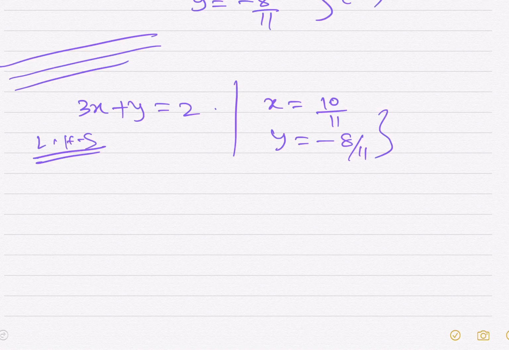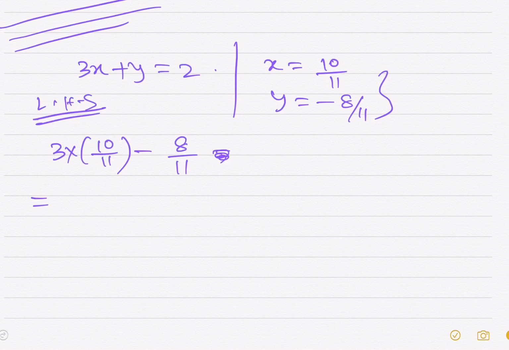Now 3x, 3 into x, which is 10 by 11, plus minus 8 by 11, equals, now 2 by 11 is common in both terms, so we take 2 by 11 common from both terms, and we get 3 into 5, 15, minus 4.